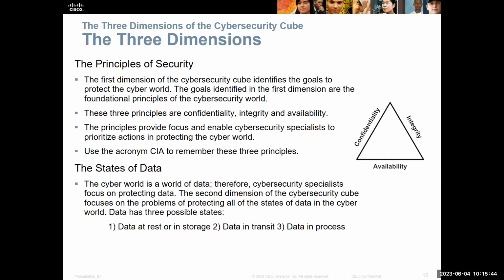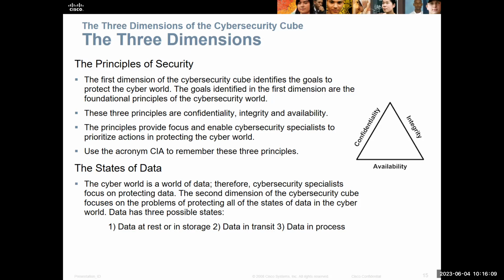These goals are the foundational principles of the cybersecurity world, and these 3 dimensions are confidentiality, integrity, and availability. The principles provide focus and enable cybersecurity specialists to prioritize actions in protecting the cyber world.